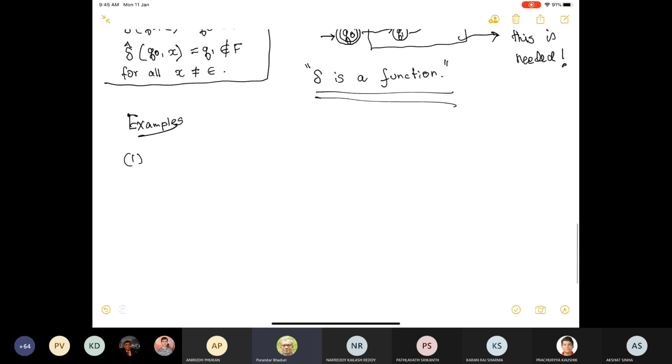Okay, more examples. We have already seen odd number of, what did we see? Odd number of ones? Was that it? No, odd number of zeros, right? And again, let's take the binary alphabet.